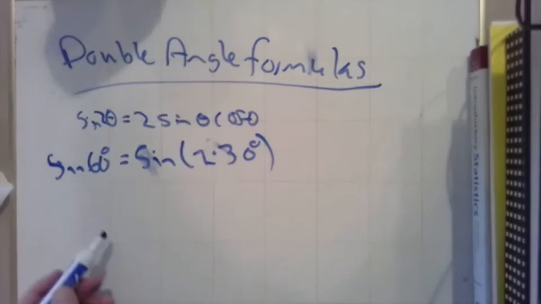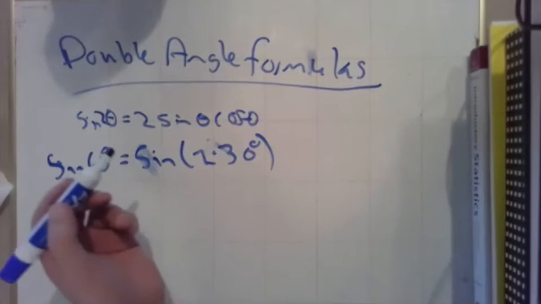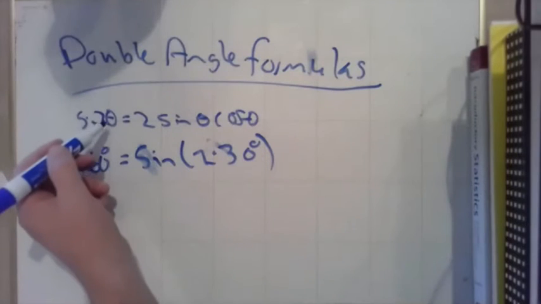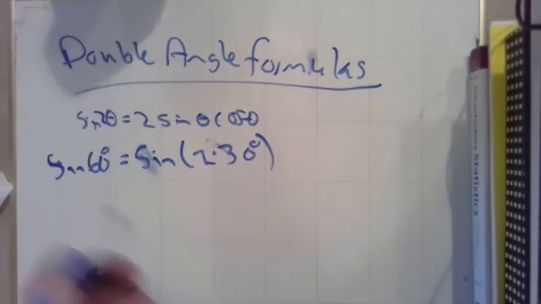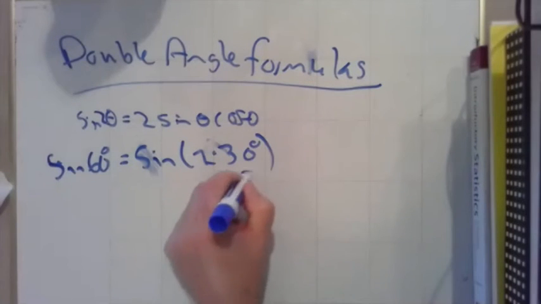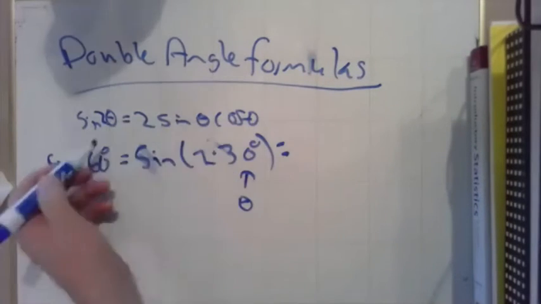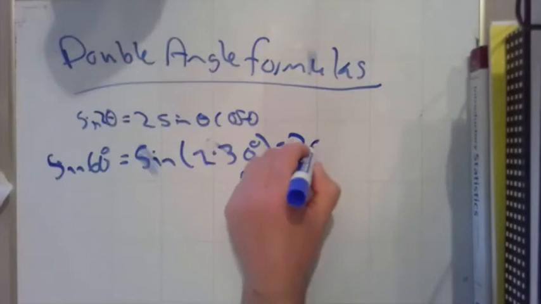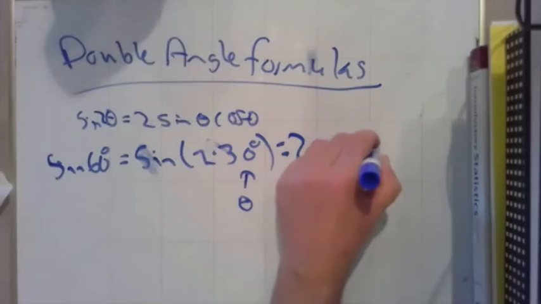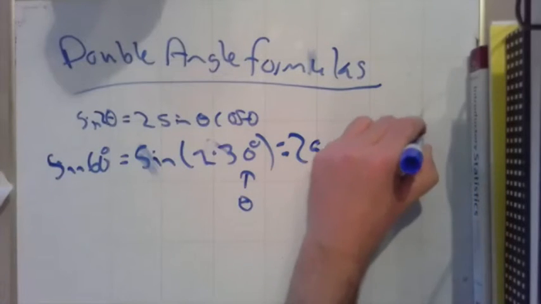But I already know sine of 60. We'll do this just for fun. So my theta there, half of the one I already know, is 30. So using this formula, sine of 60 should be twice sine of 30 times cosine of 30.